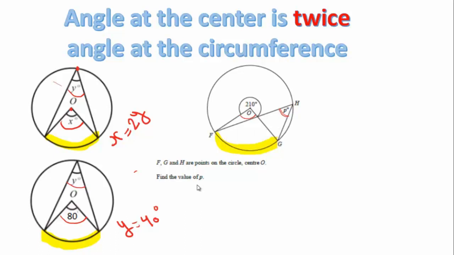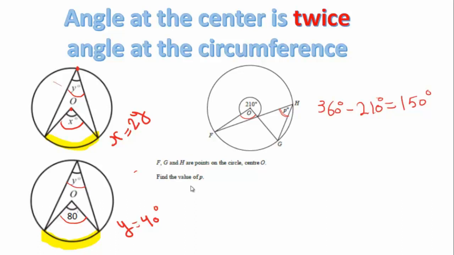So, how can we find the measure of angle O? We have this angle here is 210. So, to find angle O, we have to subtract 360 minus 210, which is 150 degrees.